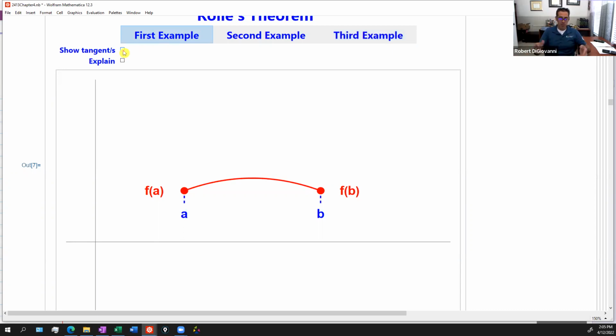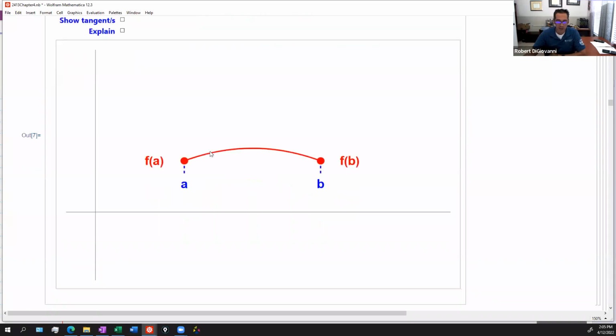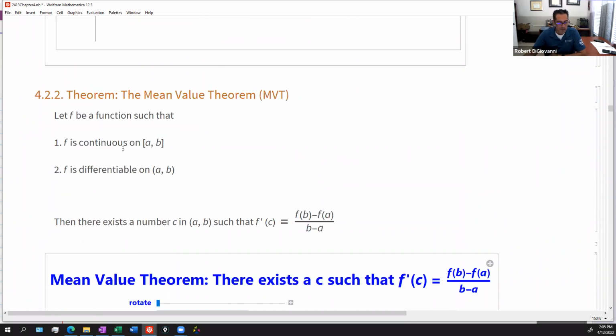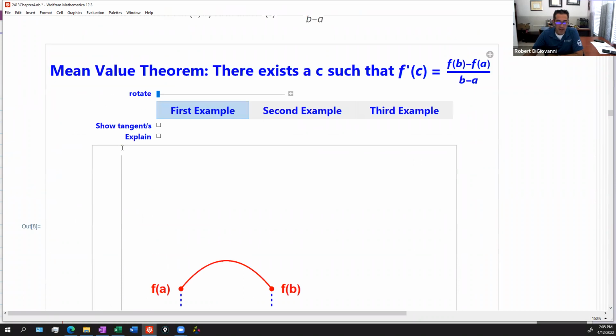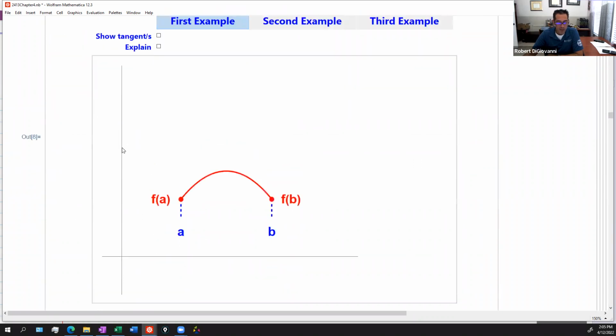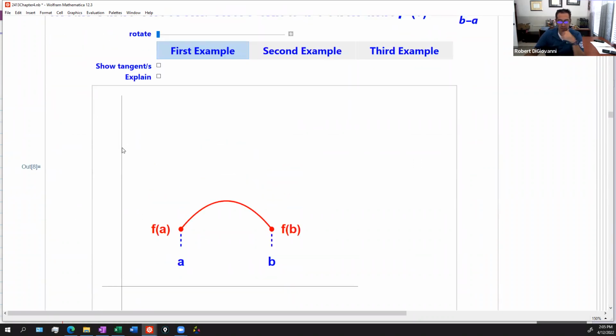Now, the mean value theorem, not this theorem, the mean value theorem. I'm actually going to start with the picture. Okay? This right here is Rolle's theorem, right? The two endpoints are in the same place. So Rolle's theorem guarantees there's a place where the tangent line is also flat.